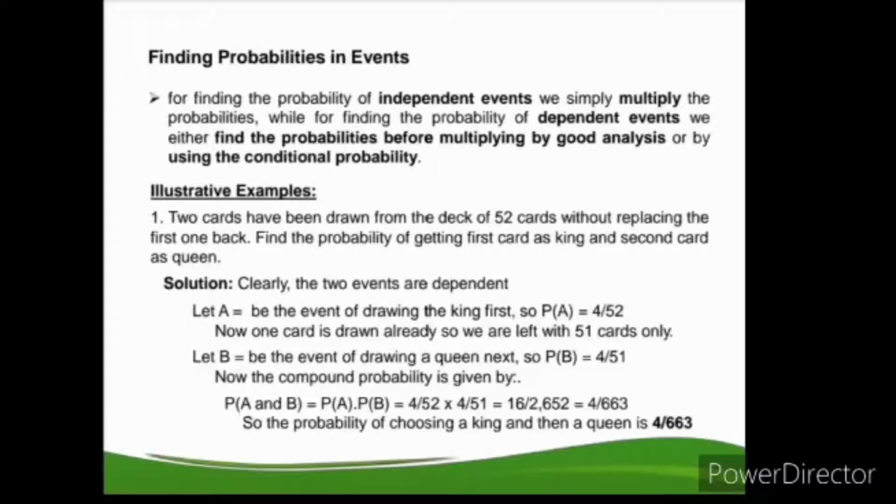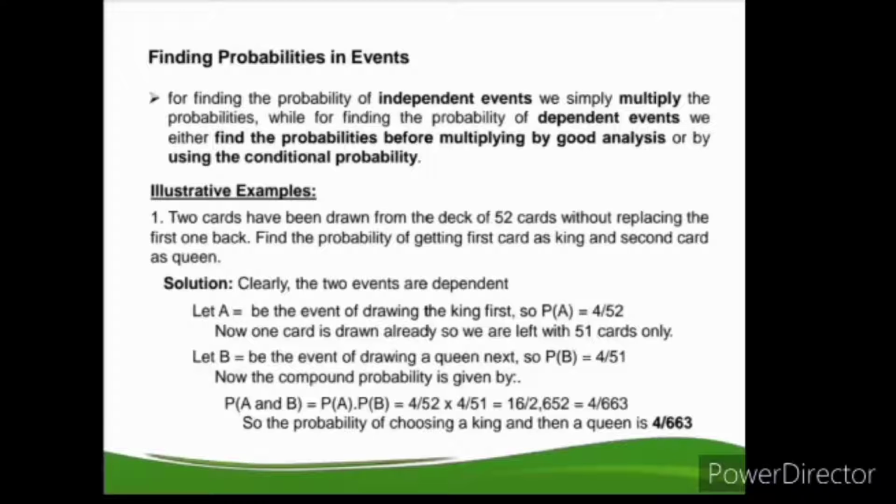Now, the compound probability is given by P of A and B is equal to P of A multiplied by P of B, which is equal to 4 over 52 multiplied by 4 over 51, which is equal to 16 over 2652, which is equal to 4 over 663.